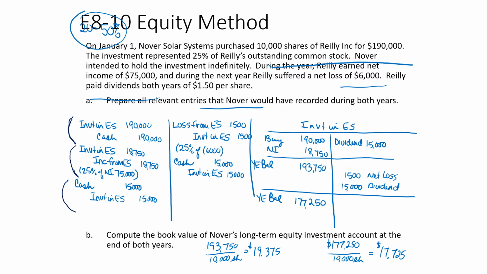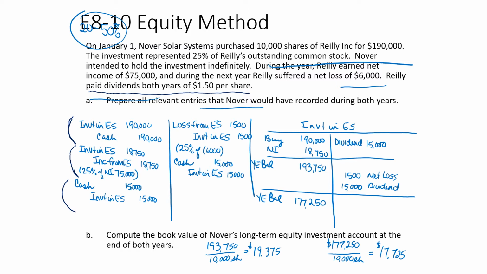In addition, it said that in both years, dividends are paid at $1.50 a share. You own 10,000 shares. So this is your dividends, debit cash, credit investment in equity securities. Remember again, no dividend income under the equity method.